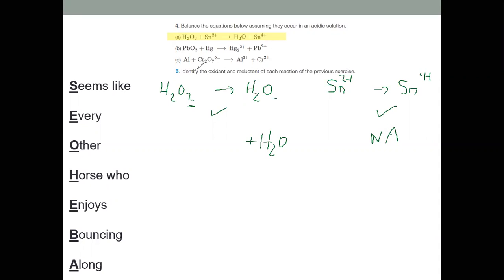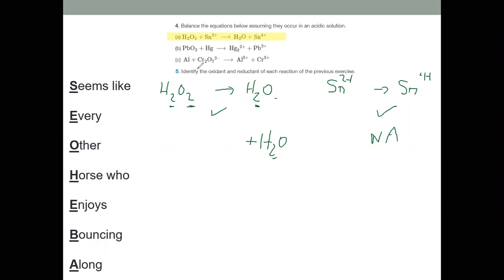Now let's balance the protons associated with the peroxide half reaction. We see we've got 2 protons here, and now we have 2 plus 2, 4 protons on this side.